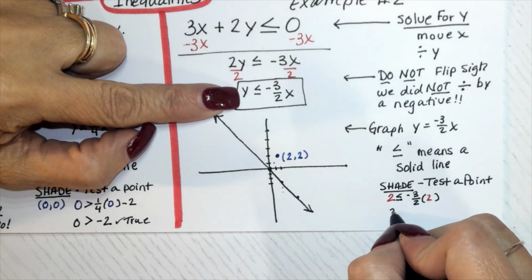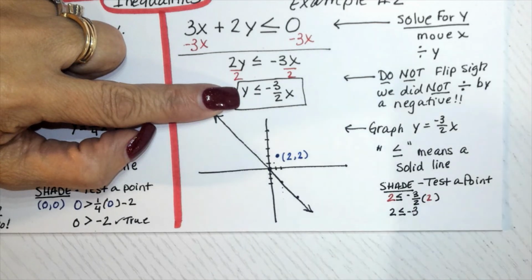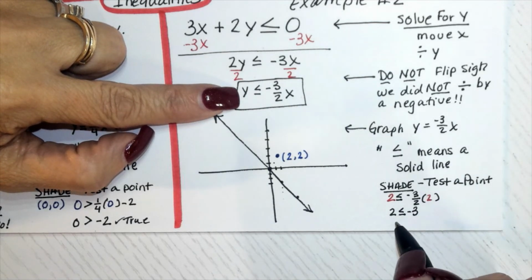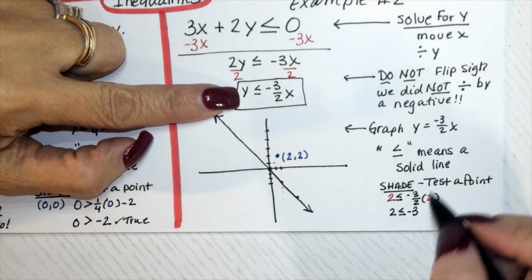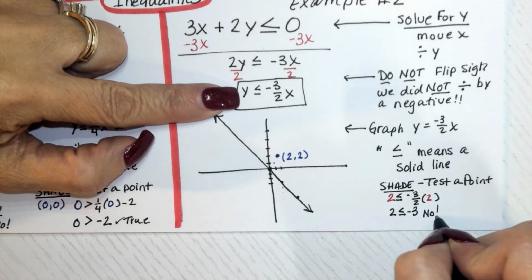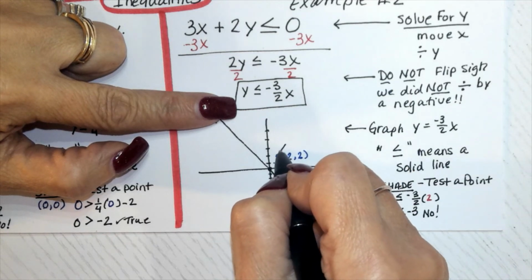That gives me 2 is less than or equal to negative 3. Is 2 less than negative 3? No, 2 is bigger than negative 3, right? So this is false, so this is a big no. I'm going to put an X.